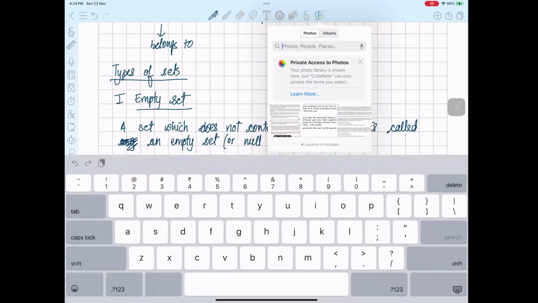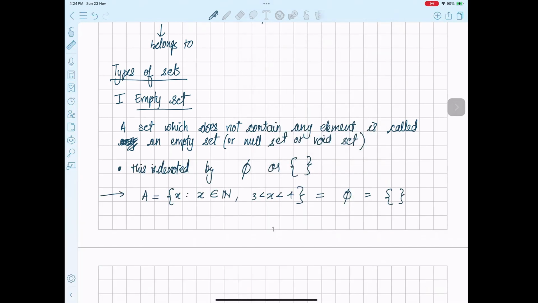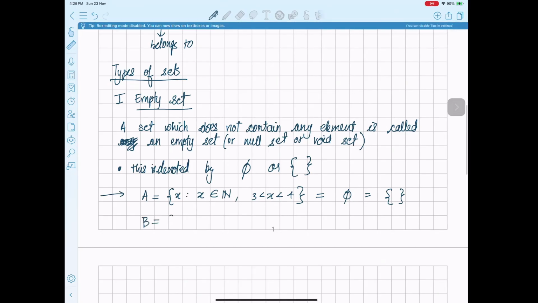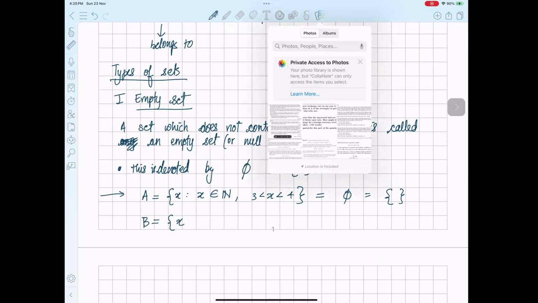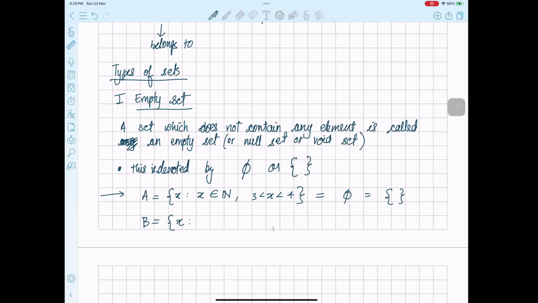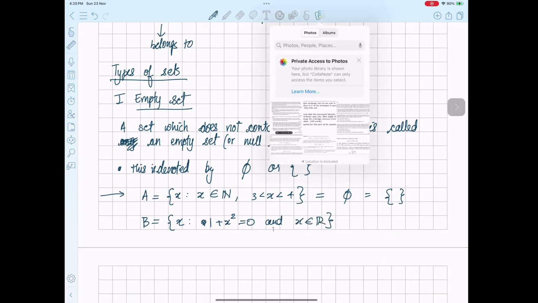Another example I could come up with for a null set: let's say we have a set B, which is defined by the set of all elements x such that 1 plus x squared is equal to 0 and x belongs to the set of real numbers, right? This is a null set.